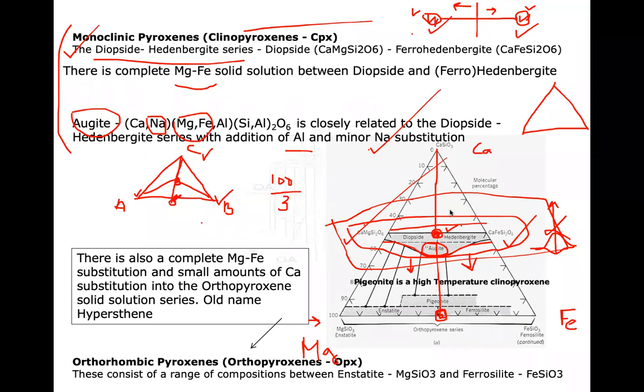That also you have to remember. These unshaded areas in this triangle represent non-existing compositions. There are no pyroxenes existing, but there are some natural occurrences of this particular composition. I will come to that later on, very late in this lecture series.